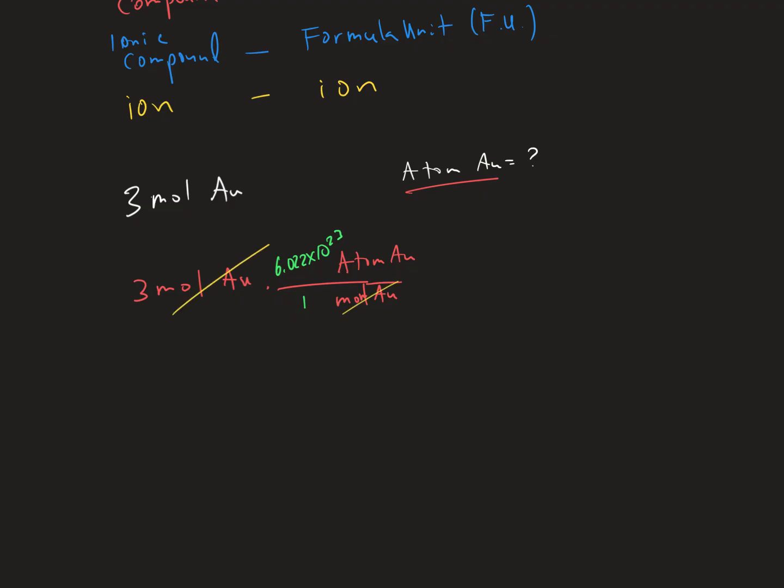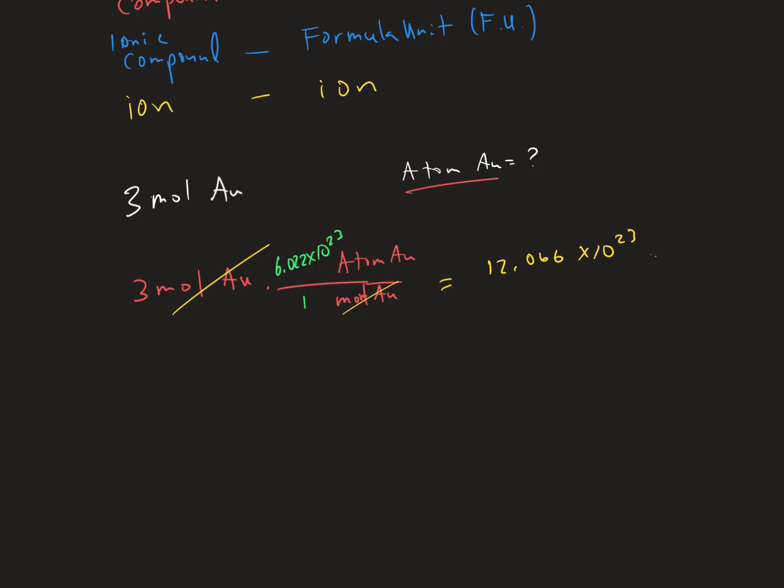Moles go away, we're left with atoms, so we can stop converting and just find an answer, right? What is it? 12.066 times 10 to the 23. Is that right? I don't know.